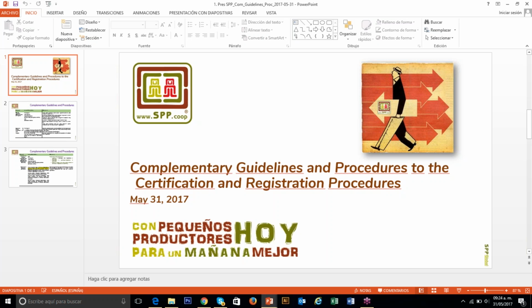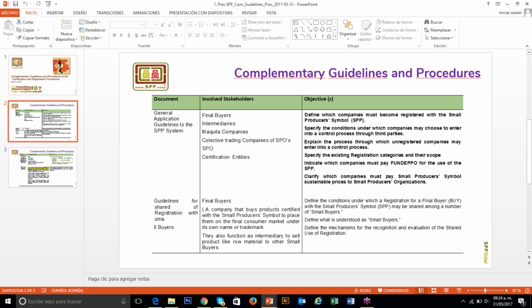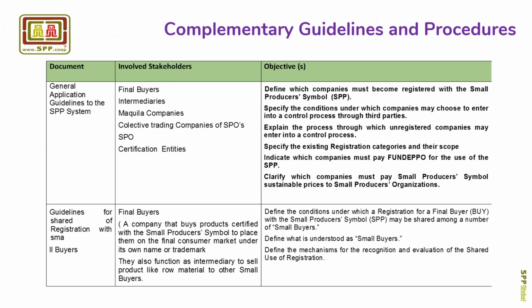As the name says, they are complementary guidelines and procedures to the certification and registration procedures. They are 4 documents, but in these charts I am summarizing the information. The first one is the General Application Guidelines to the SPP system.